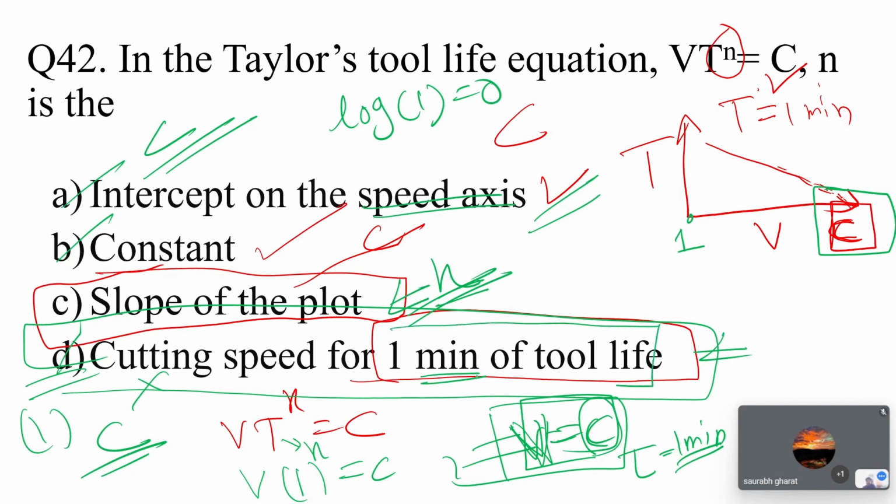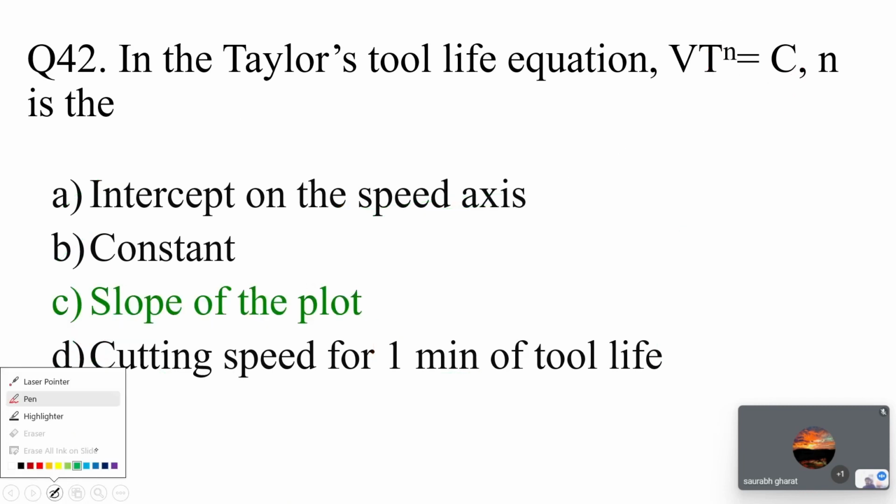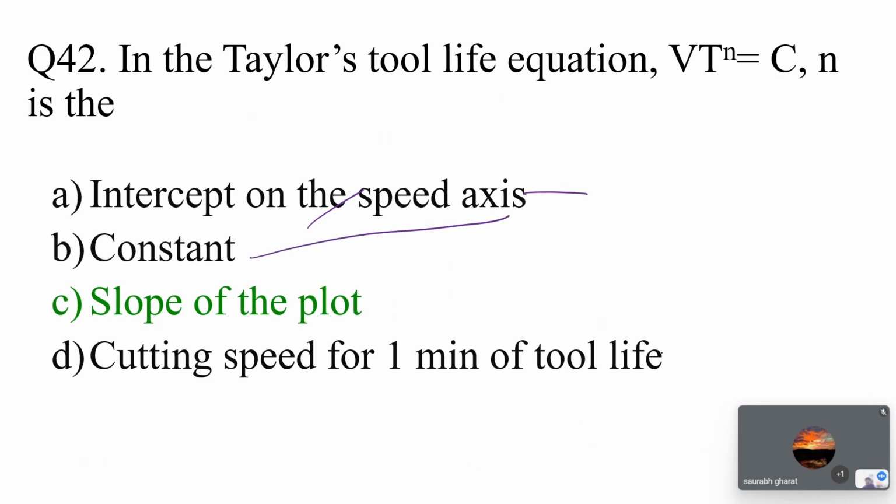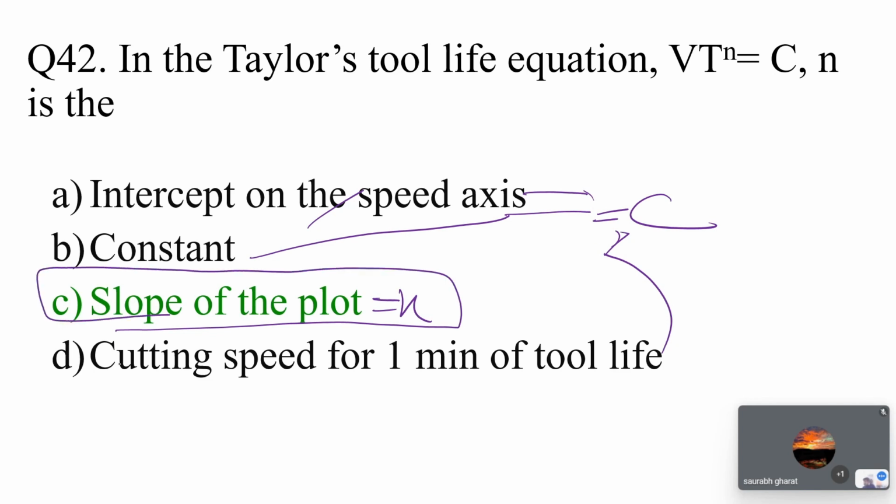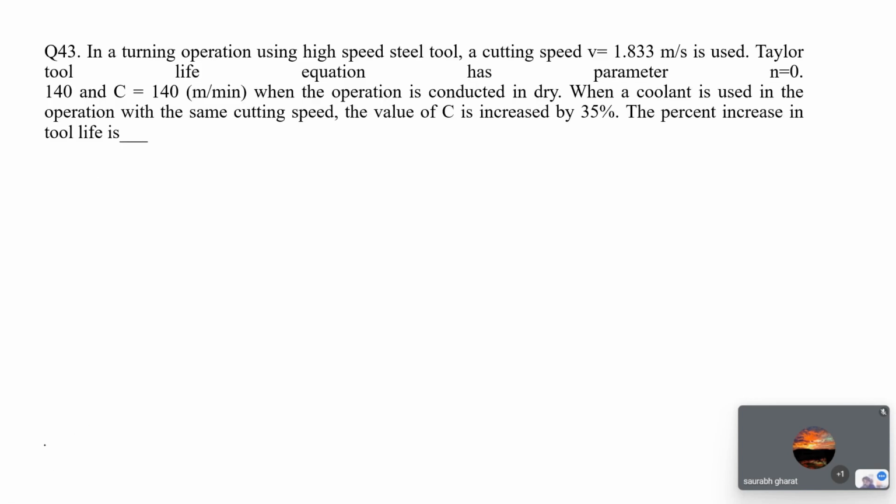So all these things are for C. So what can you conclude? I explained everything. These things are for the constant C, and only this is for N. You must remember this. Right now we have problems again.